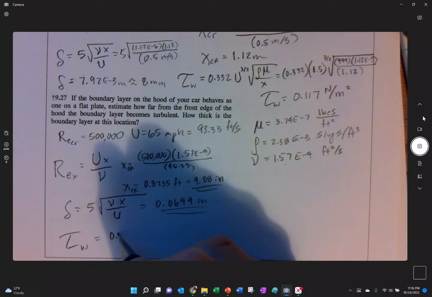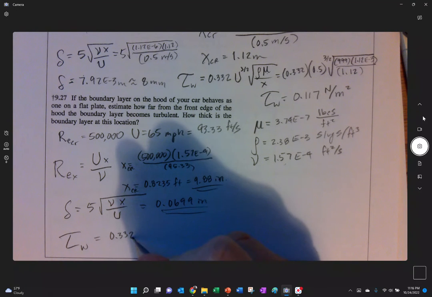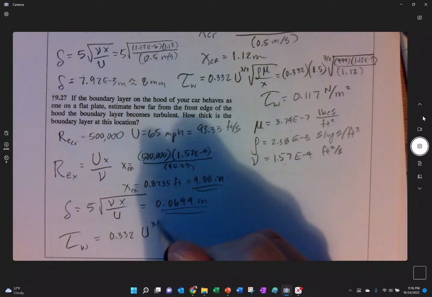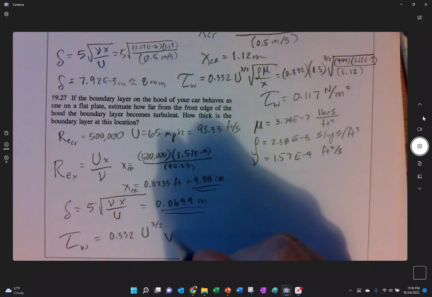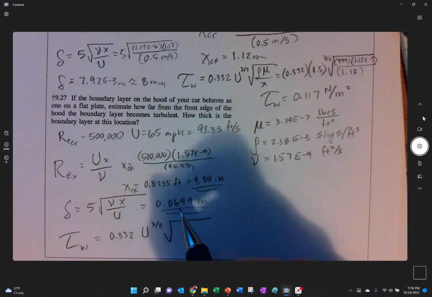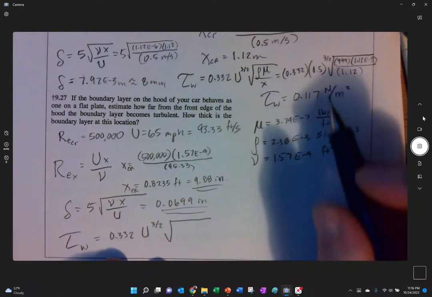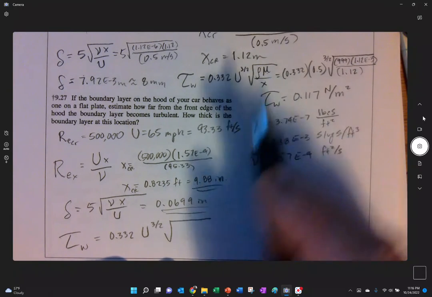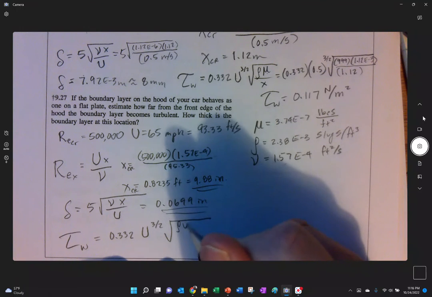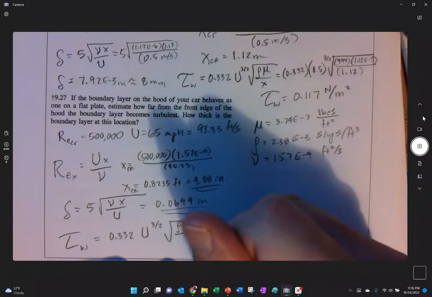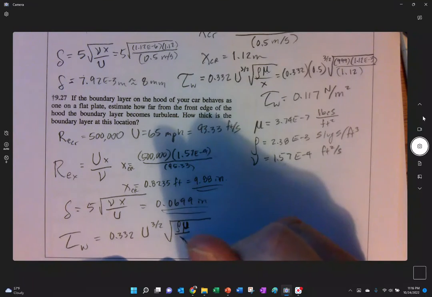And that again, by the way, that's the 0.332 times u to the 3/2 times the square root of, where's the formula up above? We already wrote it up here, right? Rho u, big capital U. No, that's mu. Sorry, mu divided by x, right?